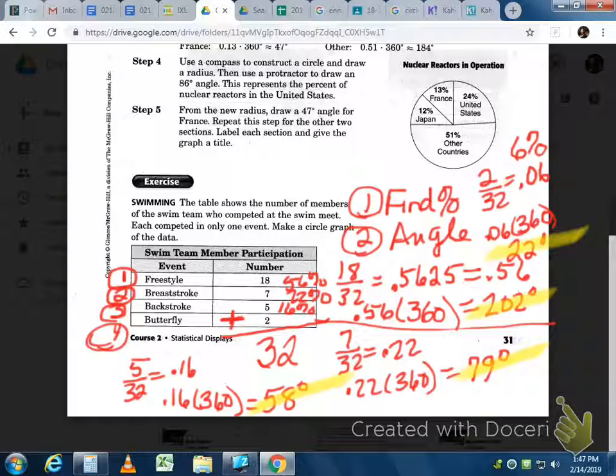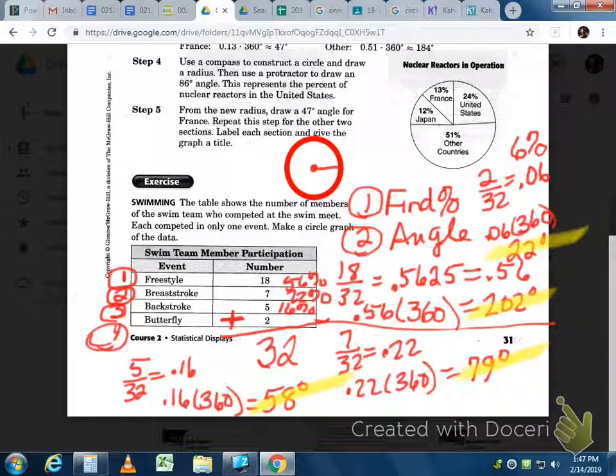If we were going to actually draw this, we would come up with a really nice circle, and we would put a center in here. That doesn't look like a really good circle. I'm going to try that again. Okay, there we go. So we'll put our center in.